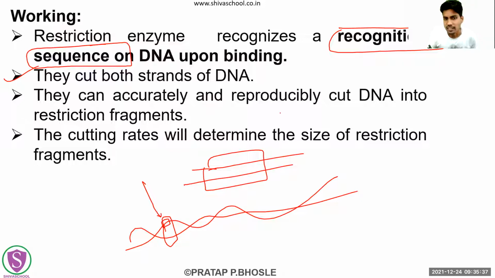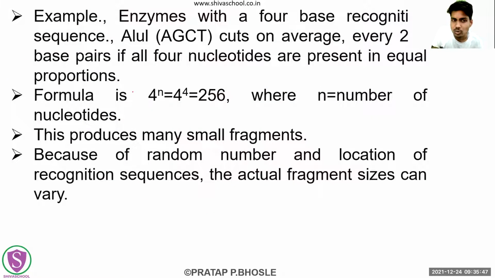Okay. They can accurately and reproducibly cut the DNA into restriction fragments. Okay. So they can make those cuts again and again. And that cutting frequency is usually going to depend on this formula, that is 4 raised to n. Now what is n?